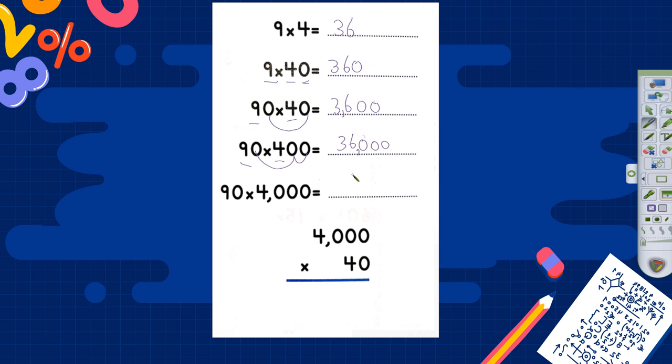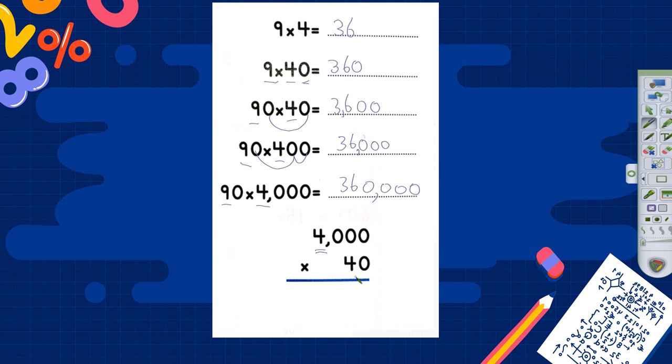Put a comma after three digits. 36,000. And finally, 1,000 times 90, 9 times 4 equals 36, and you have four zeros. 1, 2, 3, 4, and a comma after three digits. 360,000.